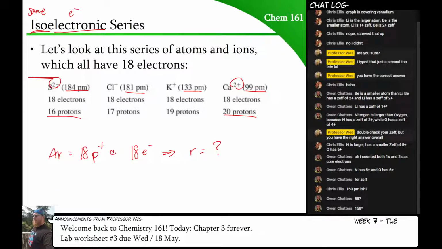Let's consult the internet. Let's see if one of my numbers is just wrong here. So radius of argon in picometers. The internet says 188, and now I just don't know anymore.